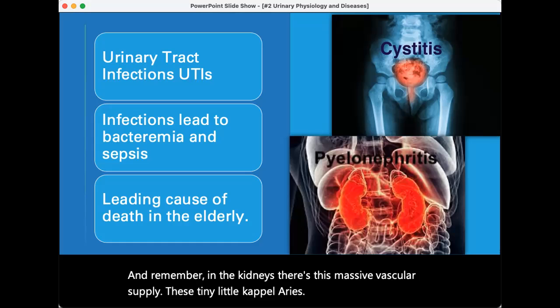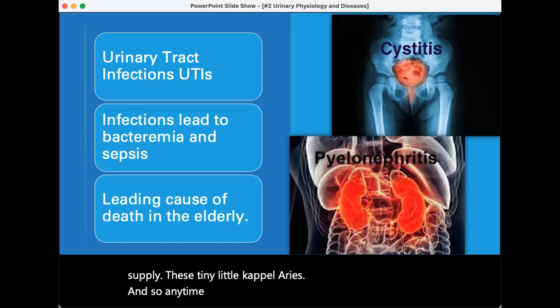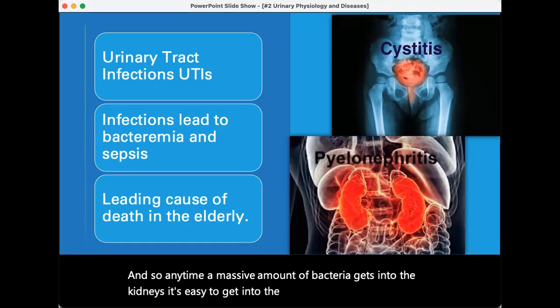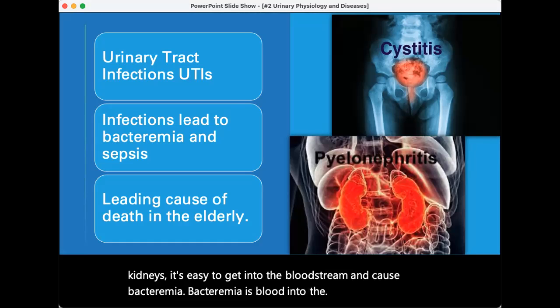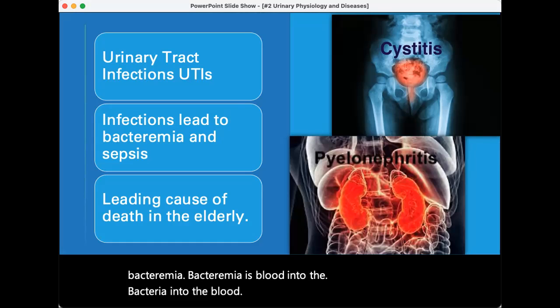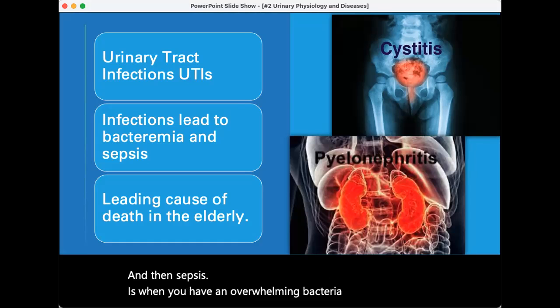So anytime a massive amount of bacteria gets into the kidneys, it's easy to get into the bloodstream and cause bacteremia. Bacteremia is bacteria in the blood. And then sepsis is when you have an overwhelming amount of bacteria that goes throughout your entire bloodstream.